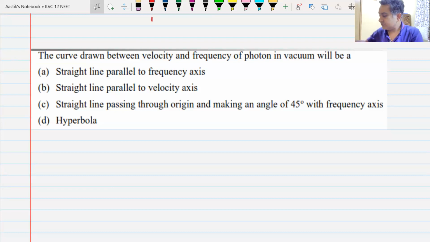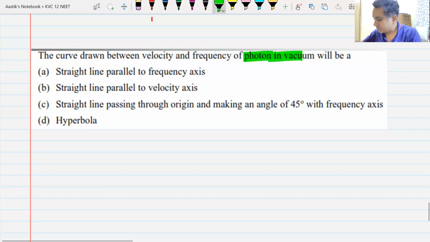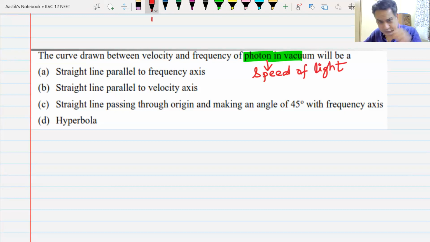Remember, the speed of a photon in vacuum is actually the speed of light. Yes or no? Yes, sir. Does the speed of light change in vacuum? No, sir. So the answer is A, sir.